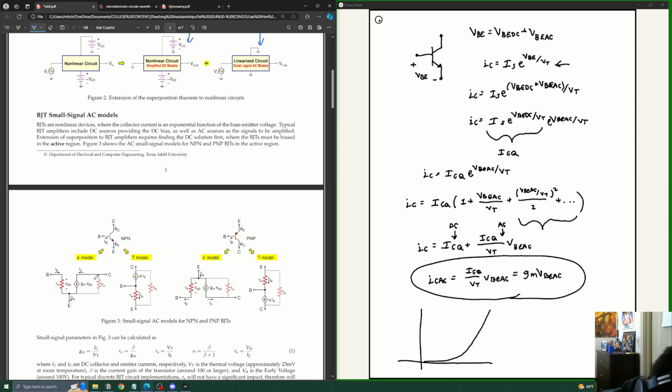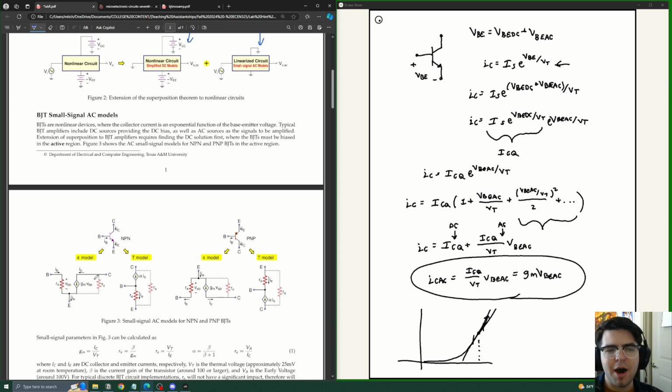So we're here along the curve, and in the DC we selected somewhere along the rising part where the current is pretty high. If we apply too large of an input signal, the exponential part is going to start happening. But if we keep a small signal, we look at our linear tangent line, we can stay in this space where the linear and the exponential are approximately the same.